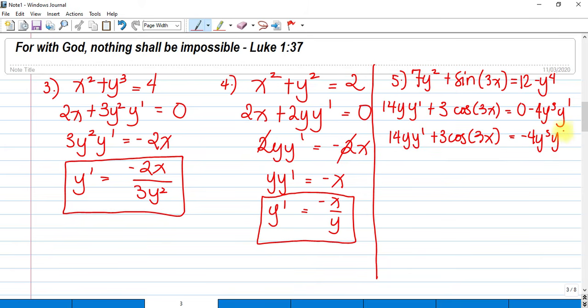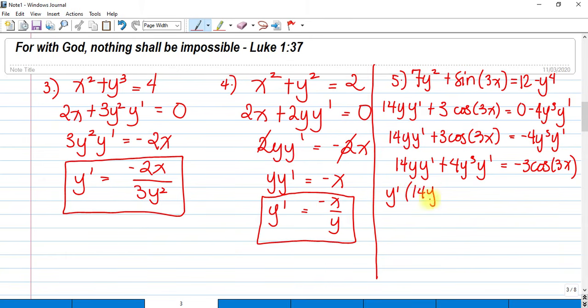So let me just rearrange or simplify this. What are we going to do? We're going to isolate y prime. So I'm going to transpose this 3 cosine 3x to the right side and this 4y cubed y prime to the left side. So we have 14y y prime plus 4y cubed y prime is equal to negative 3 cosine of 3x. I can factor out y prime because it is common to our two terms.